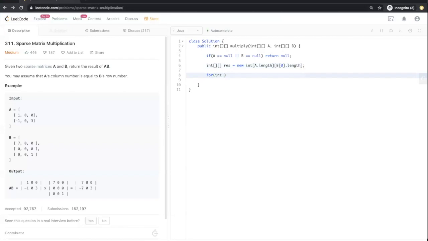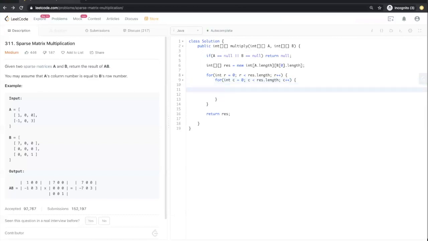Now let's traverse the response matrix. Oh, by the way, before that, return zero, C plus.